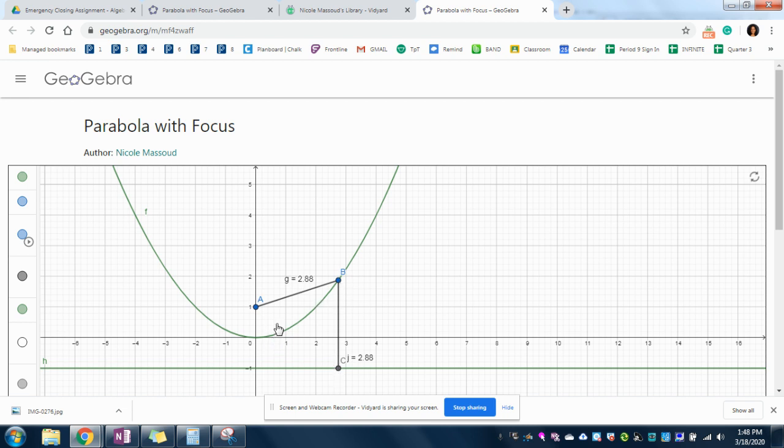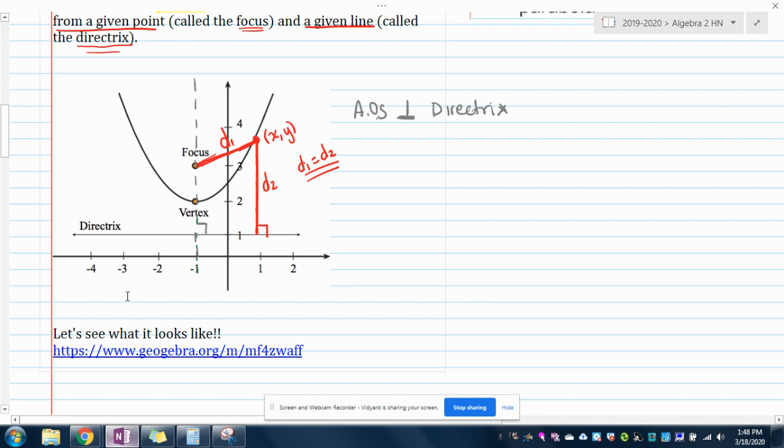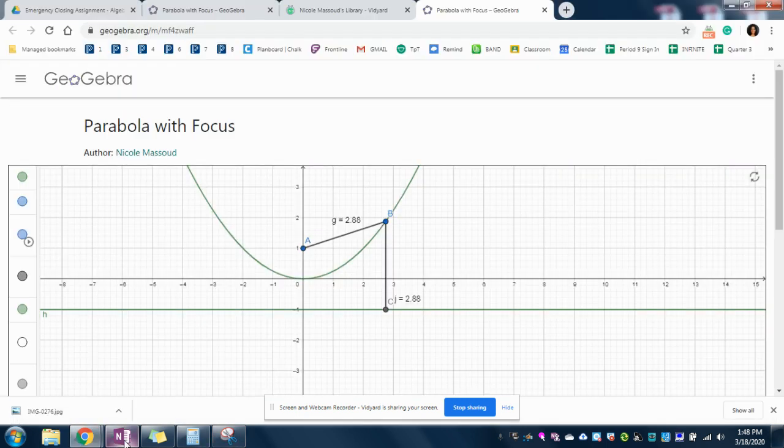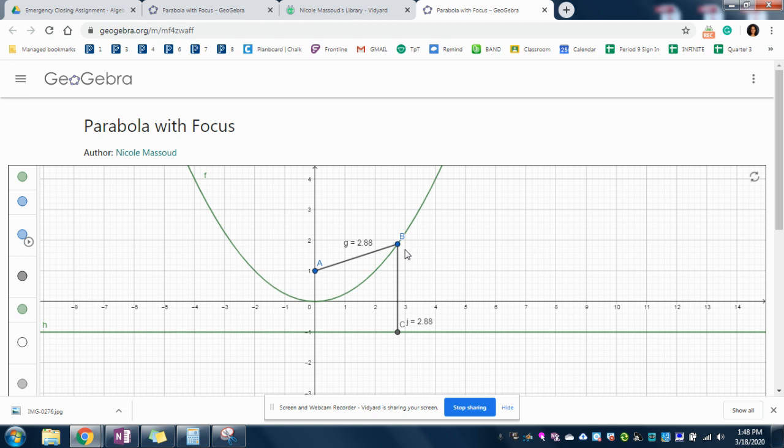Now, what we didn't speak about over here is that the focus and the directrix are equidistant from the vertex, which we'll talk about in a second. But for right now, you need to know that this point B is equidistant from A, which is the focus, and it is equidistant from C, which is the directrix.